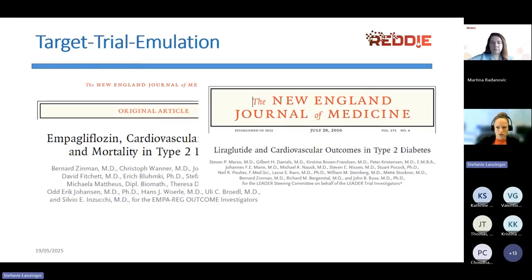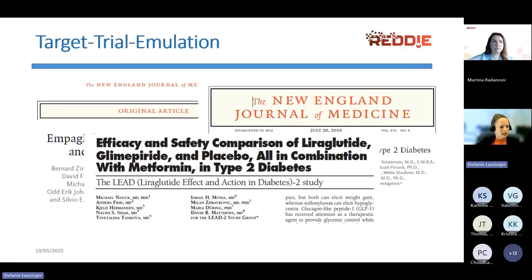And within registries, we will also emulate trials focusing on metabolic outcomes, such as the LEAD-2 study, which studied metformin in combination with liraglutide or glimepiride in type 2 diabetes and investigated the effects on HbA1c and BMI. So based on the variables that are available and based on the strengths and limitations of the respective registries, we will emulate several trials in the REDDIE project.